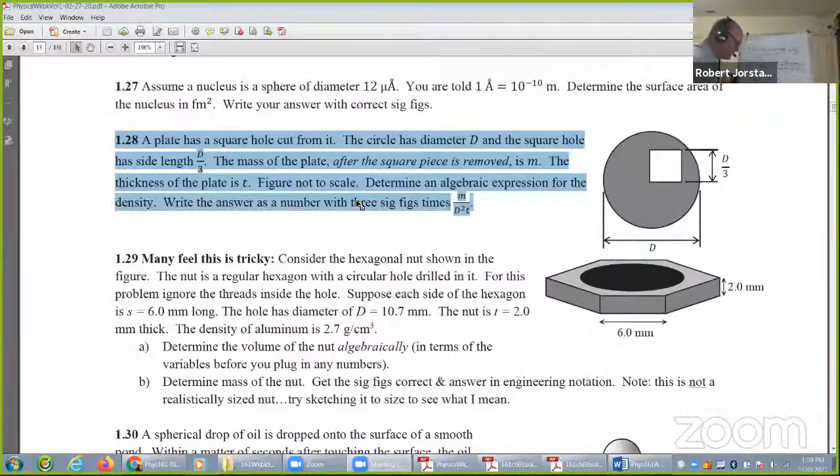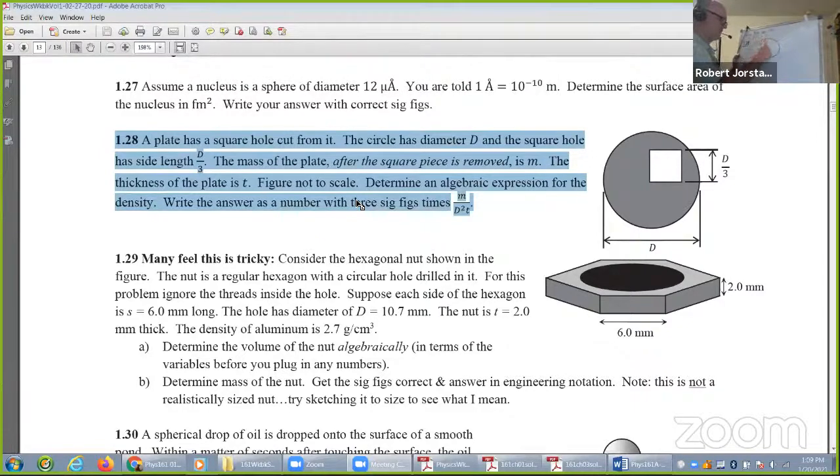I'm going to get some notes on my page here. So we're looking at 28, okay? Those of you that had me for 110, hopefully you agree it's a little bit faster. Let's go to this marker. 1.28.